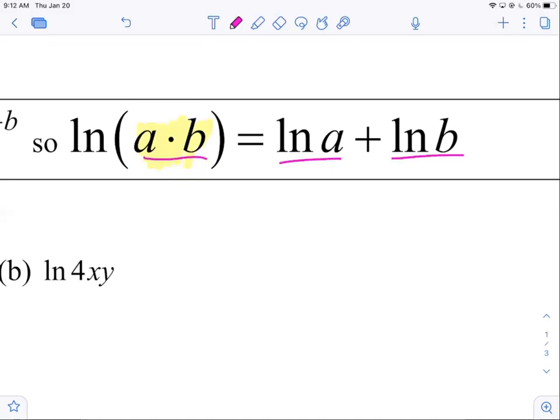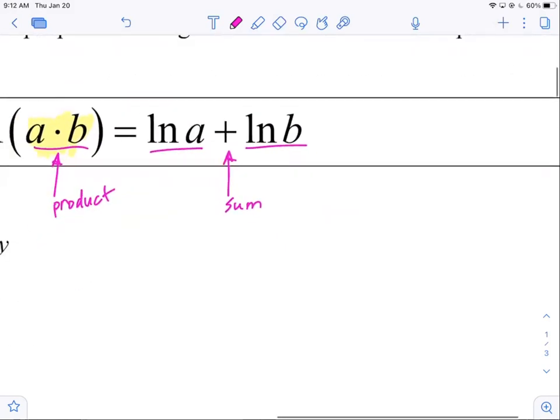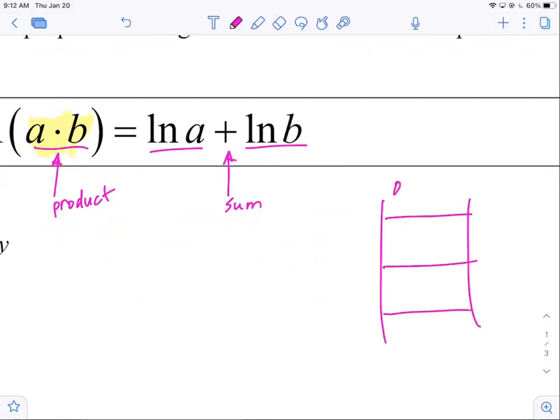okay? So what we're doing is we're taking a product and we're turning it into a sum. So really what logs do, proverbially, they make molehills out of mountains. What they do is they bring everything down one rung on the operational ladder. Here's the operational ladder, right?